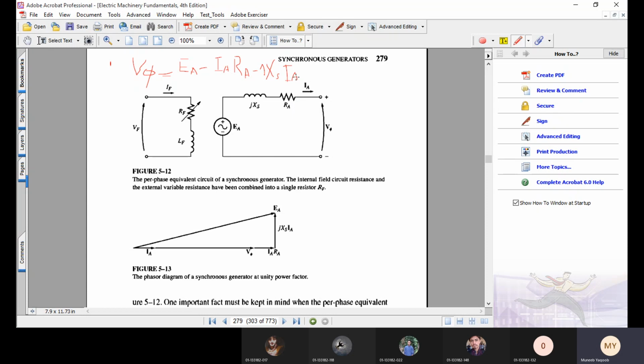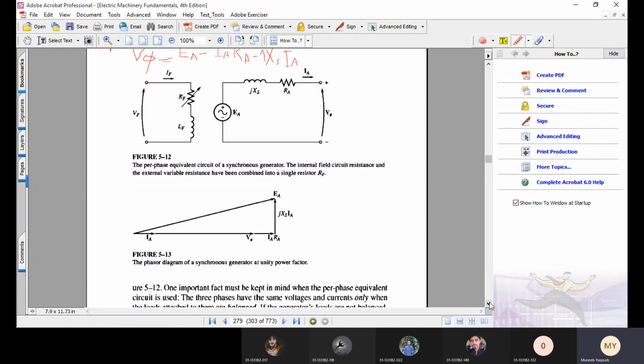So a phasor diagram represents the different relationships between various voltages at a particular load. For example, in figure 5.13, they are considering a unity load, that is a resistive load connected at the terminals of the synchronous generator.